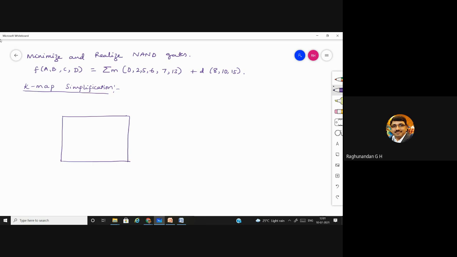If you have four variables, how many possible input combinations do you get? 16, right? Starting from 0 to 15. So totally we'll have 16 combinations.